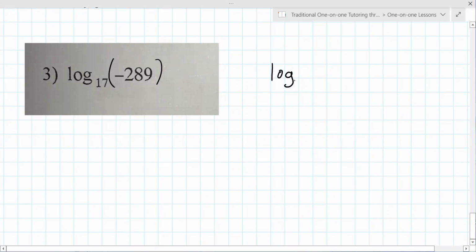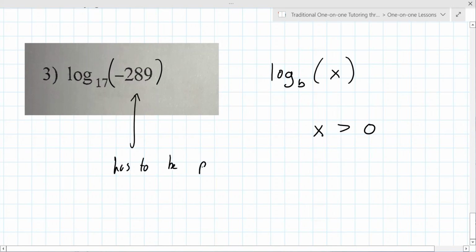The log base b of x has to be greater than 0. So the number inside parentheses has to be positive. So this right here is undefined or does not exist.